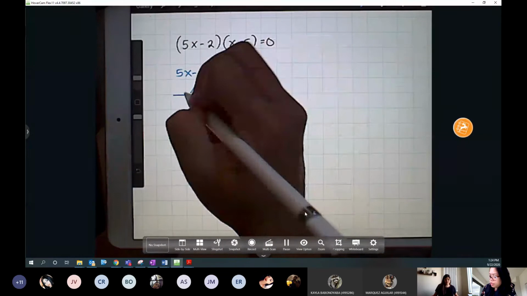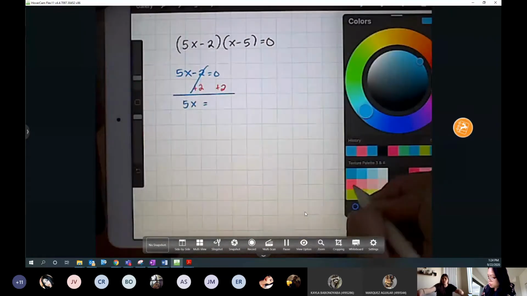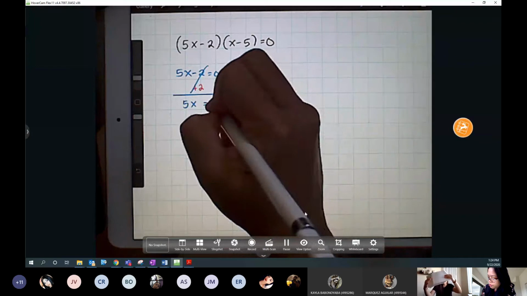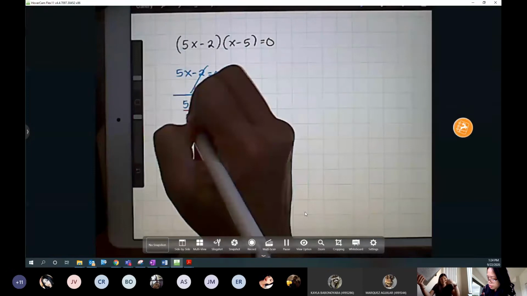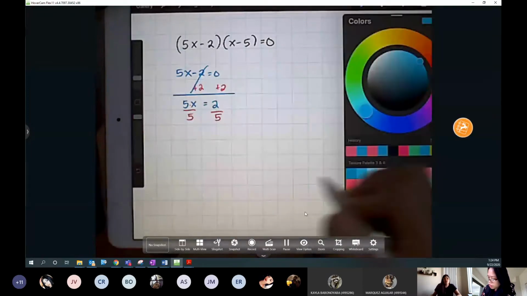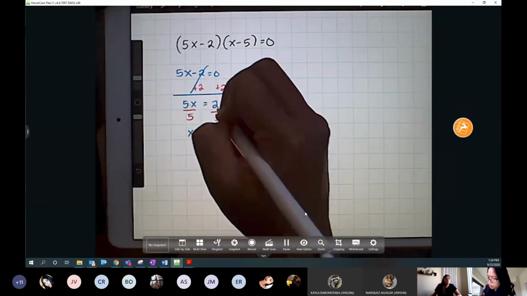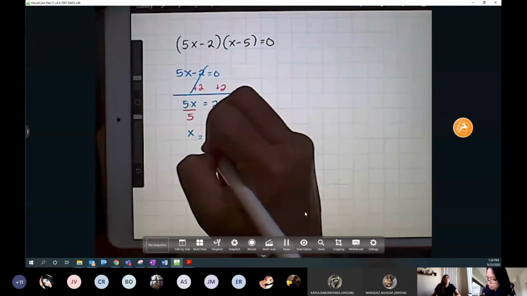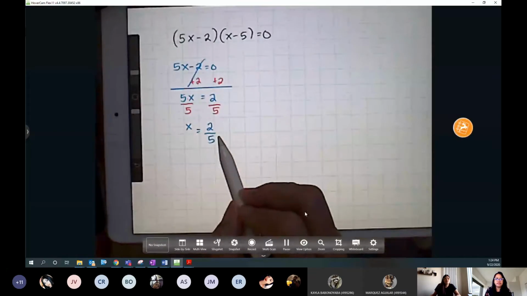That would cross out. So we're left with 5x equals 0 plus 2 is 2. And then we can already get rid of the times 5, and times 5 is divided by 5. Okay, so 5 goes into 2, 2 is smaller than 5, then I can already write x is equal to 2/5.